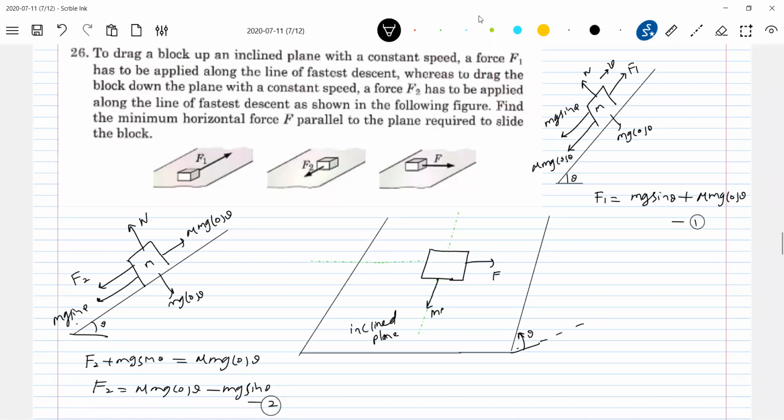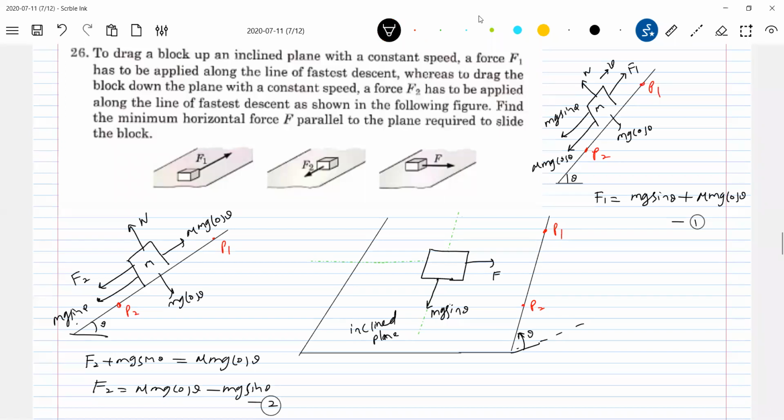Mg sine theta. Mg cos theta I cannot show. Only the applied force F and mg sine theta I am able to show. If you are still confused, I will write points P1, P2. They are here. Okay, fine.